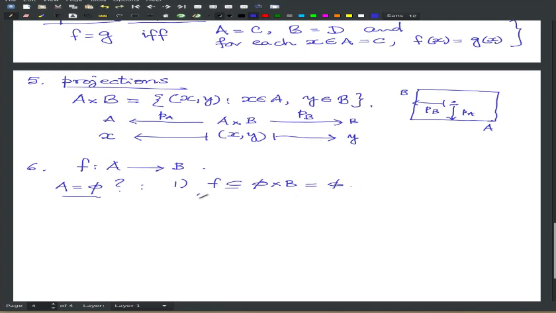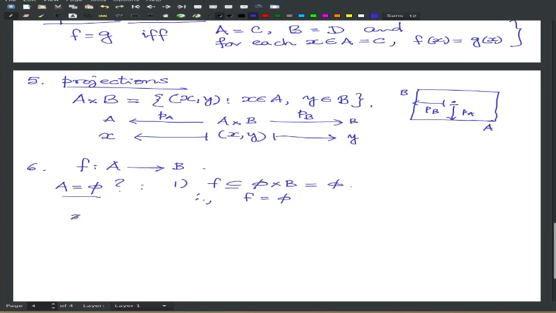So therefore, F is nothing else but the empty set. Clear? Because the empty set is always a subset of any set, and this tells you that it is a subset of the empty set, so F must be the empty set.